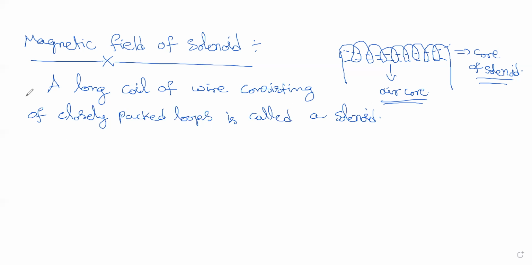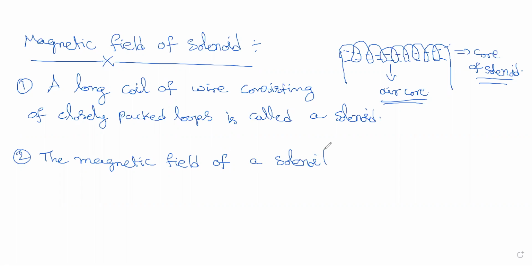The magnetic field, this is point number one. Point number two: the magnetic field of a solenoid resembles that of a bar magnet.